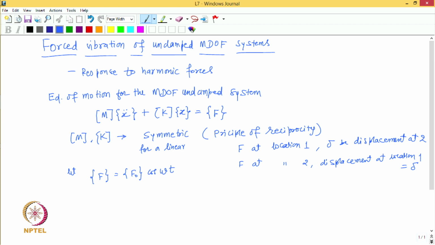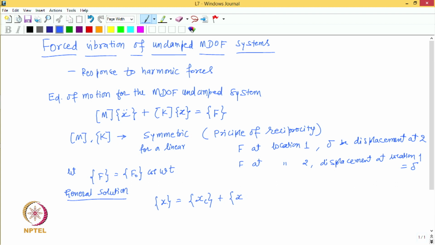Let us try to determine the response. The general solution would consist of two parts. X will be equal to the complementary part, and then we will have the particular part of the response.